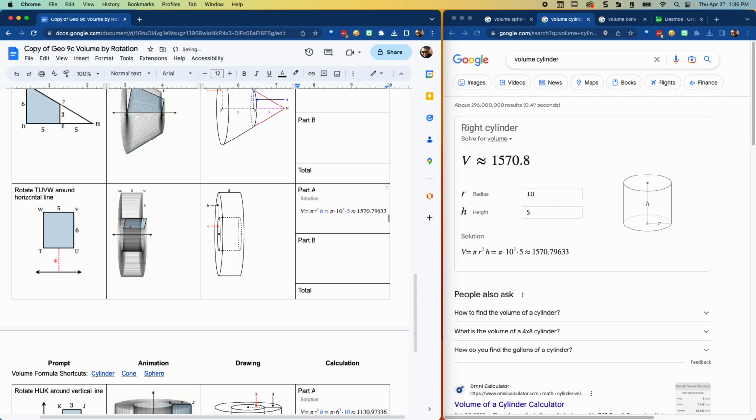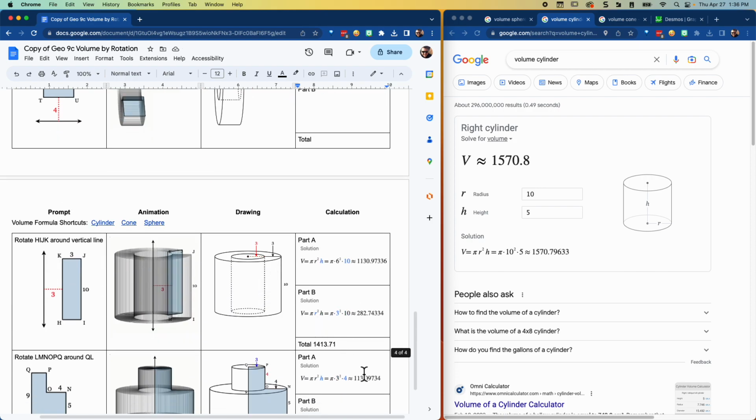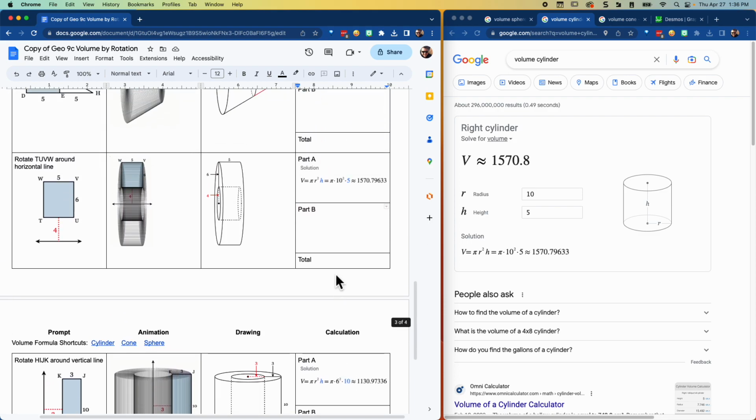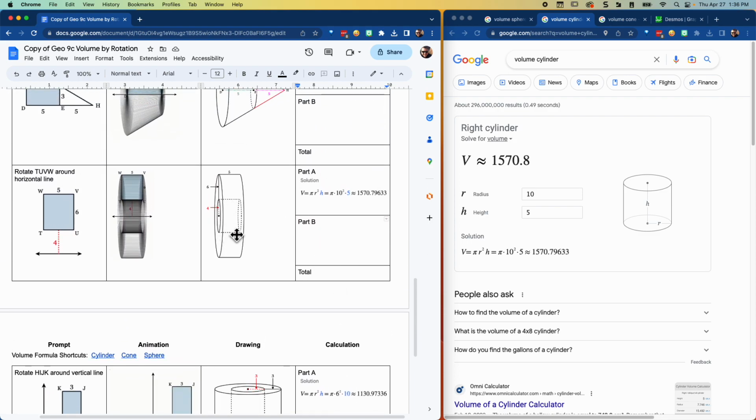And then for part B, the inside, the hole that we're going to be looking at. Oh, you know what? We did something wrong. I'm going to come back to it here in just a moment. The hole on the inside is going to have the same height, but a radius of 4.